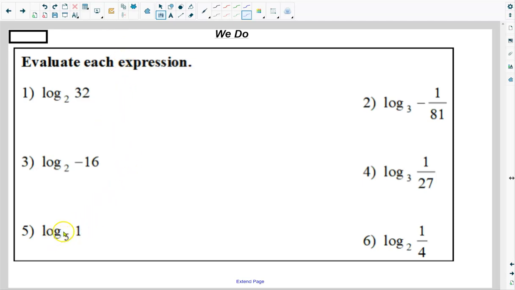Let's try this one. Or I guess let's jump to this one since these two are equal. Log base 2, equals y. So notice that after a while you guys are going to get way faster. So 2 exponent y equals 1/4.